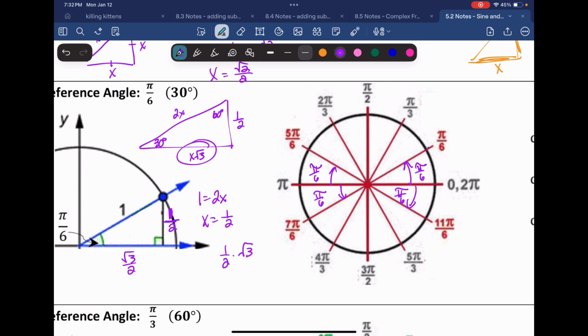So quadrant 1, okay, we have our x's, root 3 over 2, y's 1/2. Go over here to 5 pi over 6, same values. Those values haven't changed. It's just now your x is negative. And your y stays the same. Now we're down here. X and y are both negative.